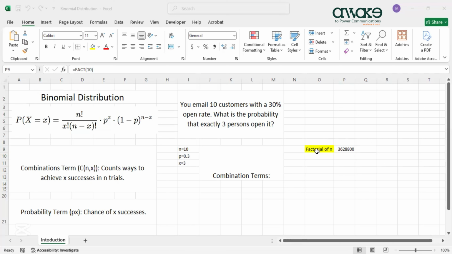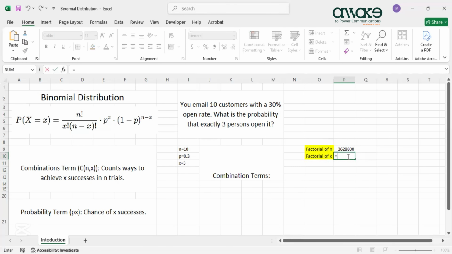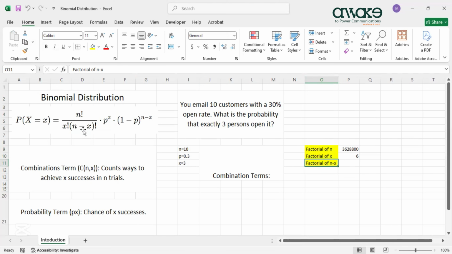So let us now do the factorial of X. The factorial of X will be equals FACT, open our parentheses, and our X is 3, right? Close our parentheses and hit enter. This will give us the factorial of 3, which is our X. The factorial of N minus X directs that we must do N minus X before we do the factorial.